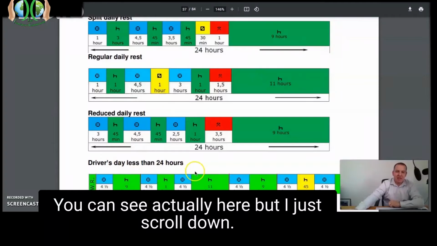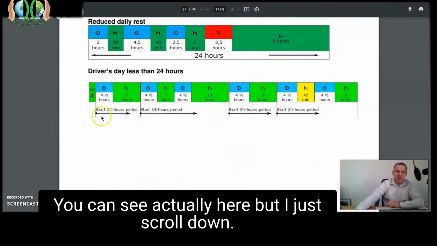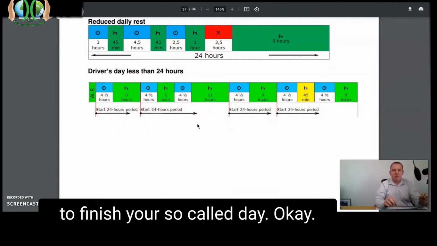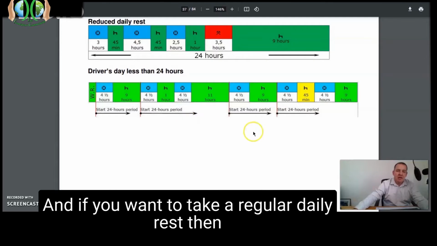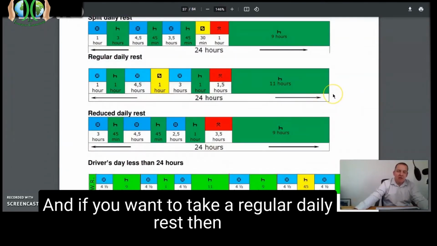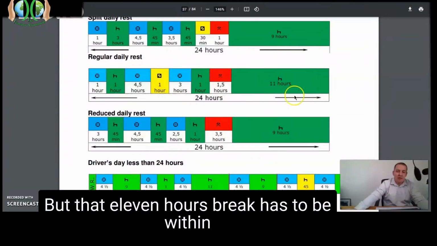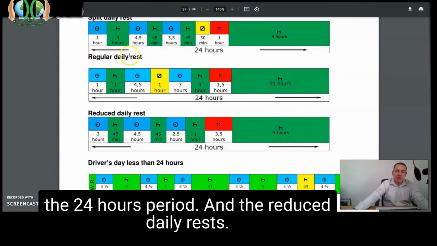You have a 24 hours period just to finish your so-called day, okay? And if you want to take a regular daily rest, then you have to take at least 11 hours, but that 11 hours break has to be within the 24 hours period.